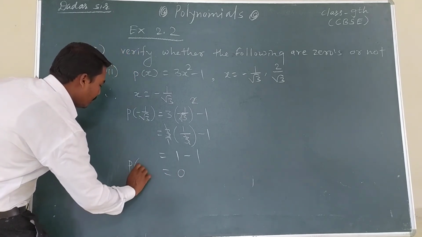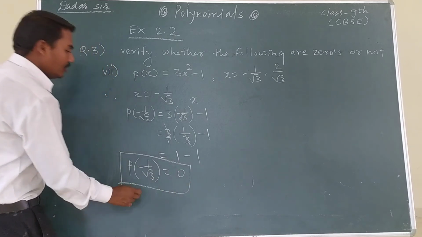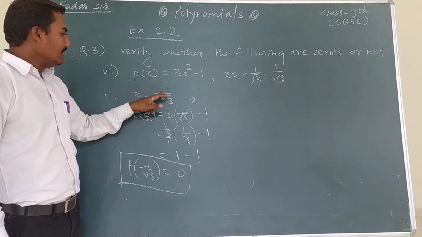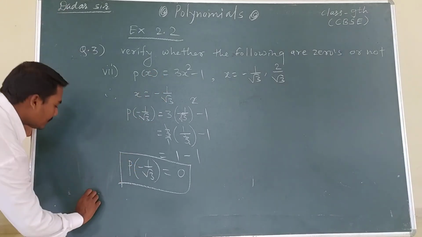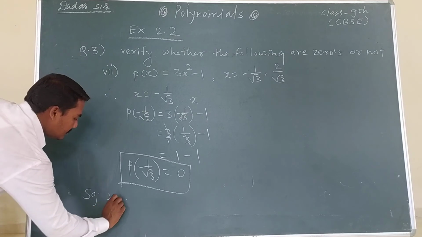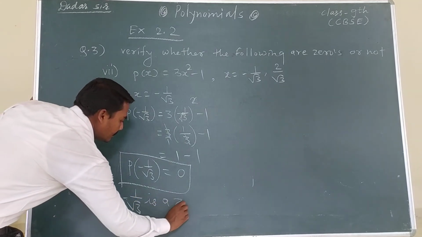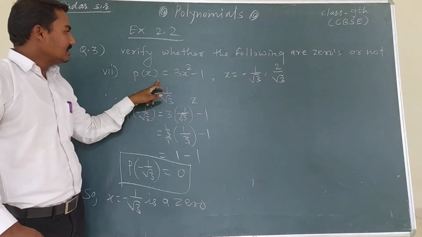So p of minus 1 by under root 3 becomes 0. So we can definitely say that for x is equal to minus 1 by under root 3 this polynomial becomes 0. So x is equal to minus 1 by under root 3 is a zero of this polynomial. So the first is a zero of this polynomial.